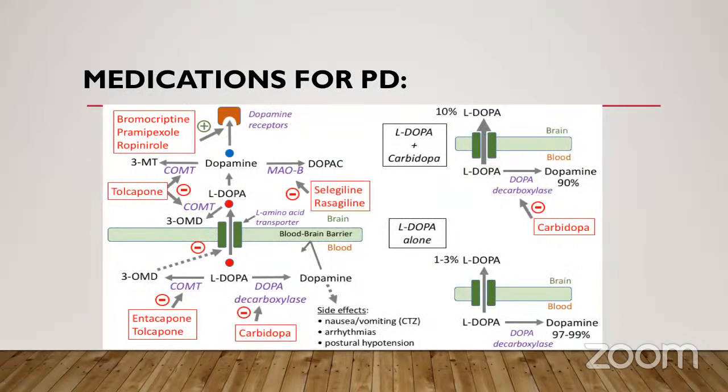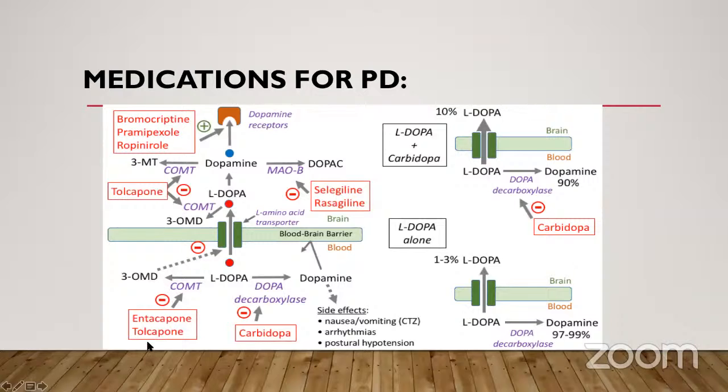This is just a revision of what we learned in the steps. First of all, here we have the blood-brain barrier, the blood, and the L-DOPA. The only form of dopamine that can cross the blood-brain barrier is L-DOPA. In the blood, usually the L-DOPA is converted to 3-OMD by the COMT.